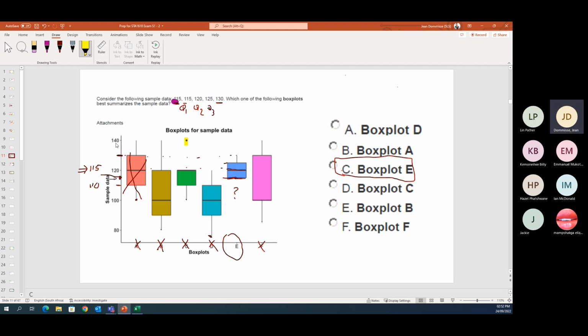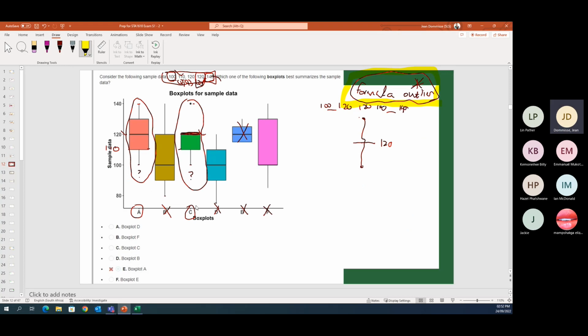You will probably get the same type of box plots, just with a different set of data. But I'll get the outlier formula so that you can use it specifically for these kinds of questions.